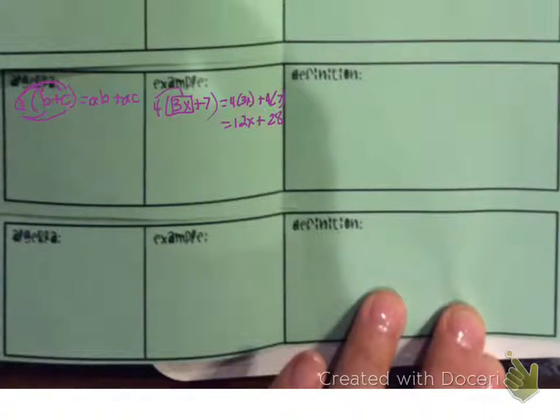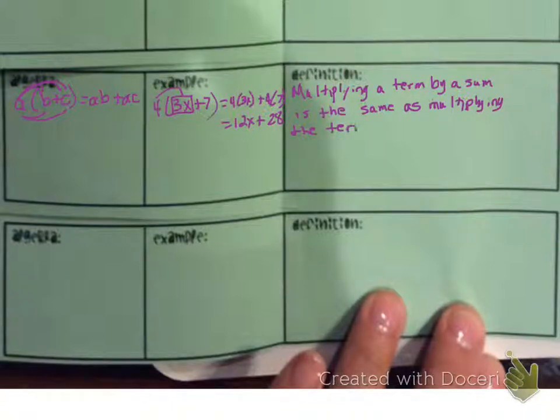Okay? By definition, what we're going to say is multiplying a term, because it could be more than just a number, multiplying a term by a sum is the same as multiplying the term by each addend, which just means each number inside those parentheses, and then finding the sum.